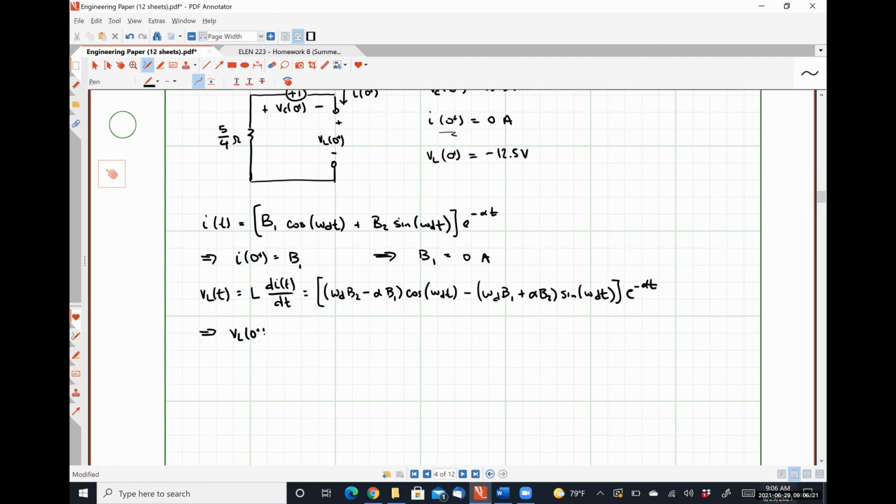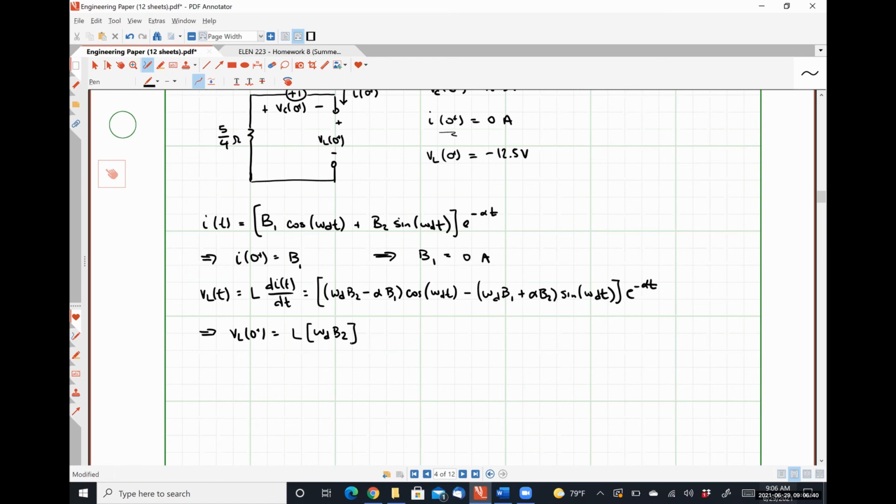All right. So VL at 0 plus is then just going to be L times omega d B2. And that's it, because we know that B1 is 0.